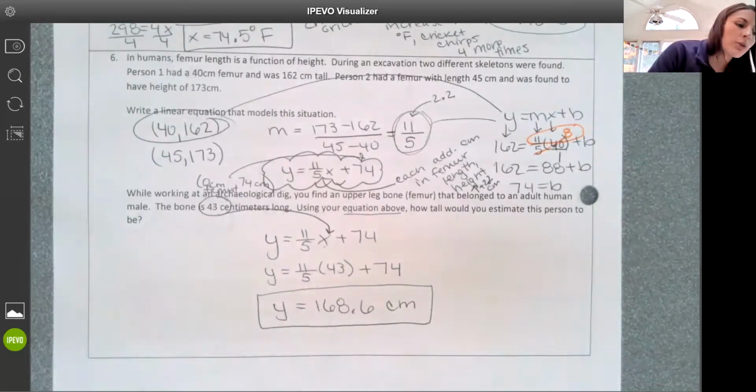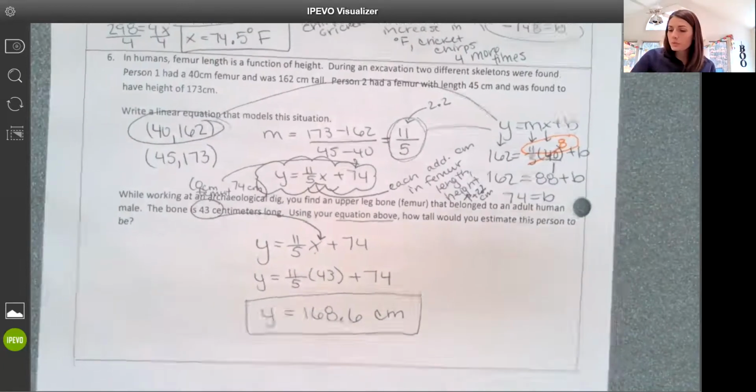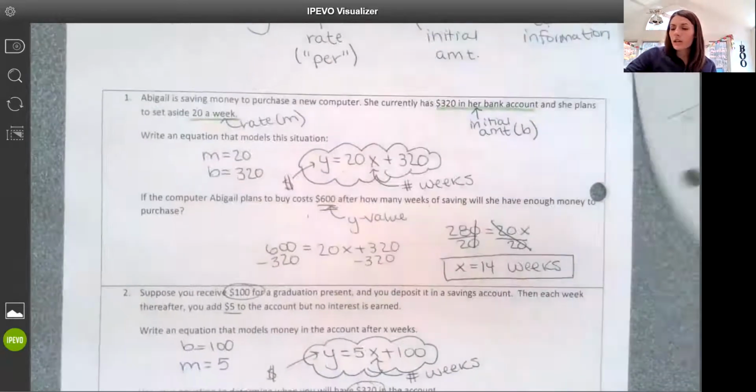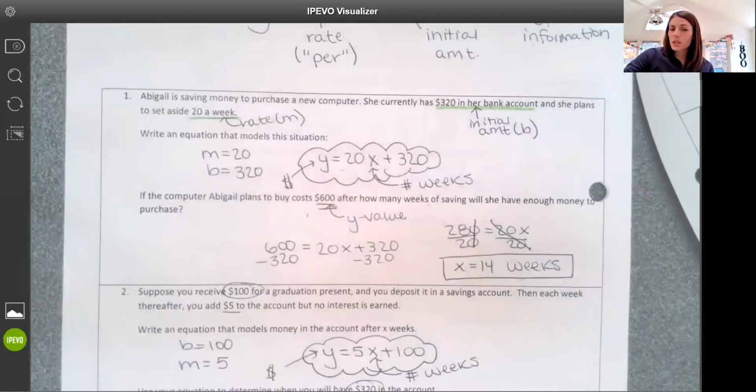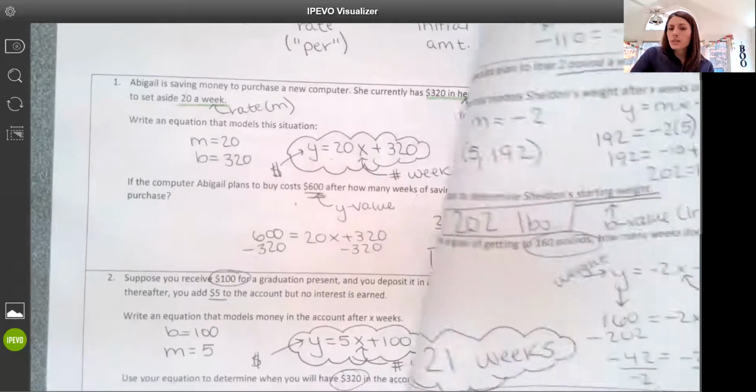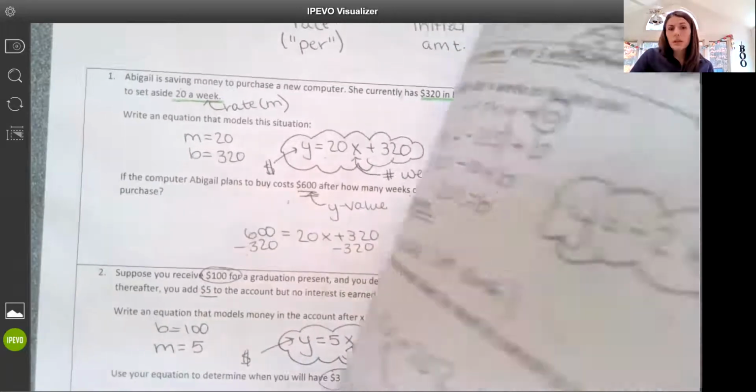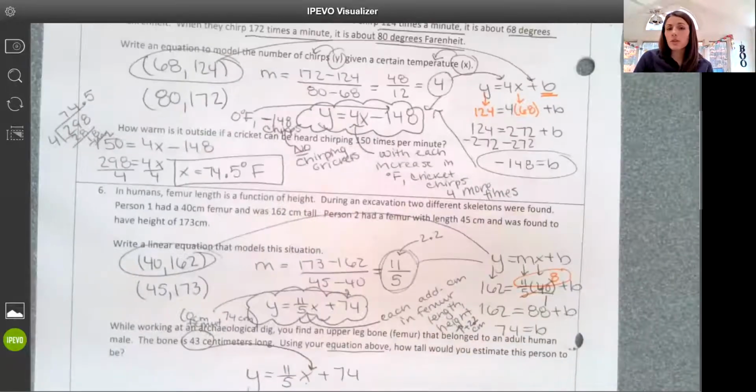We'll definitely talk about it over Zoom sessions, but use these problems as examples. I gave you two problems that gave you just slope and y-intercept, easy peasy, we made our line. Then I gave you two examples where you were given slope and a point. And then two examples where you were given two points. So use these as you work through the application problems in the next few days.